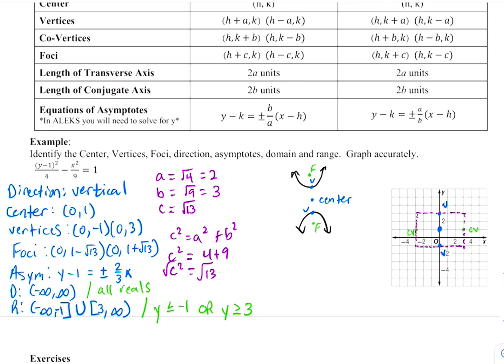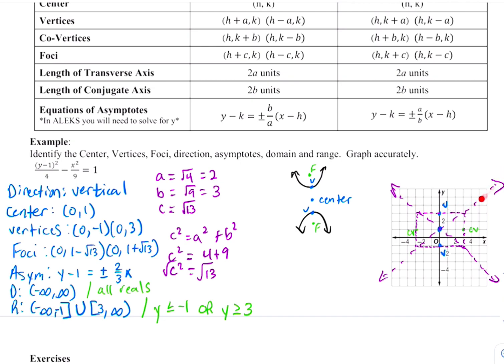And then after we connect them into that box, we are going to draw lines connecting the corners of that rectangle, and we want to make sure that we're going through. So those are going to represent those asymptotes, which help give us the general shape of the 2 U's. So now when I graph the U shapes, it has to go through the vertex point, and then it's going to follow the lines of those asymptotes.